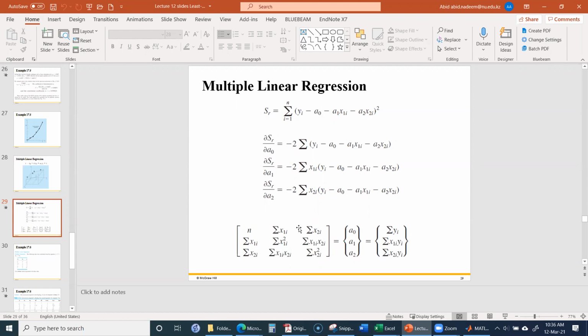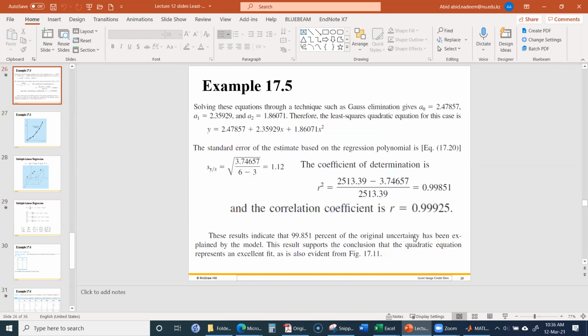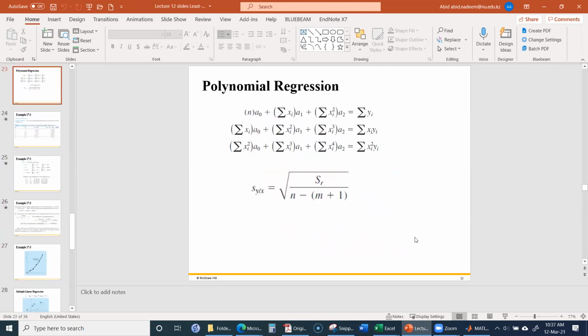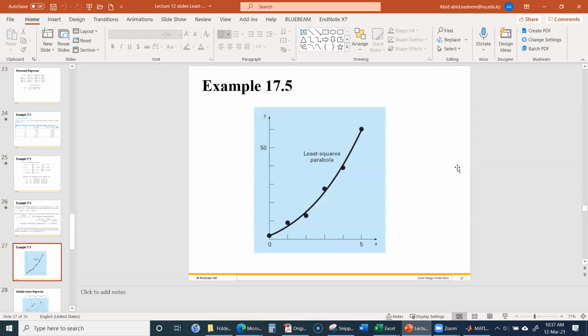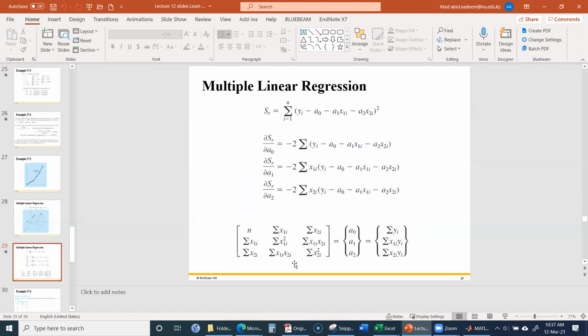If there is any pattern, maybe you can think about it, because the previous formula had a very good pattern: n, sigma x, sigma x square, sigma x cube, like that. But in this formula, I don't see a pattern very well.